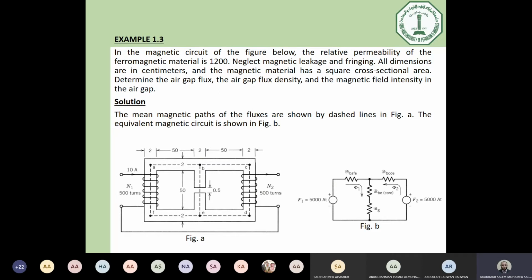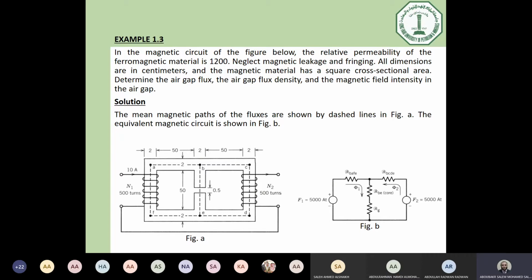You know, we have only one relation used in problems up till now, which is Ni, which is the MMF, equals phi multiplied by reluctance equals H multiplied by distance equals N multiplied by I, which is the value of MMF.